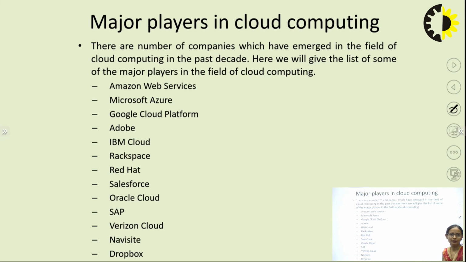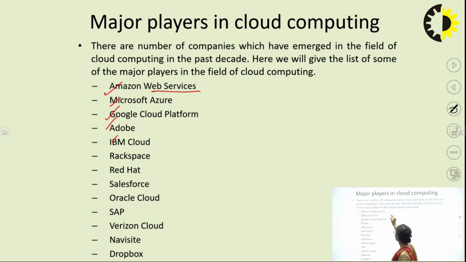There are a number of companies which have emerged in the field of cloud computing in the past decade. In the current scenario, the major players are Amazon, Microsoft, Google, Adobe, IBM.